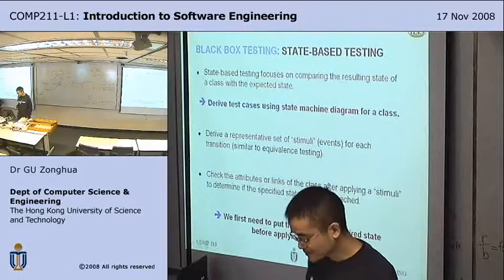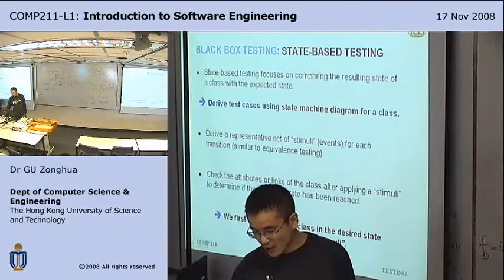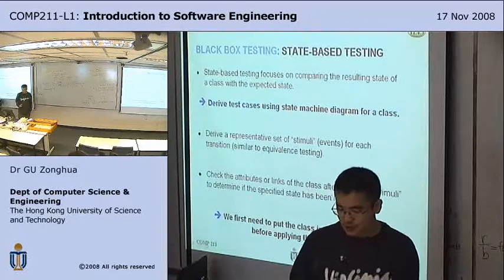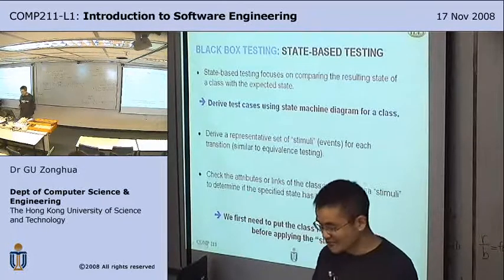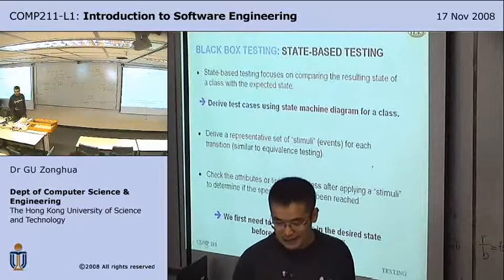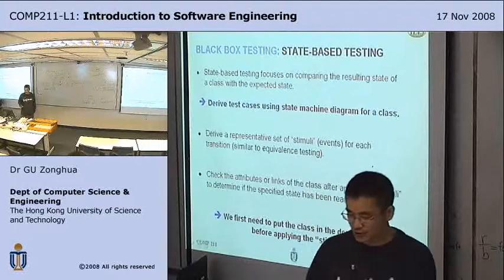So check the attributes or links of the class after applying a stimulus to determine if the specified state has been reached. Remember, a state is typically defined by the values of the attributes or links to other objects.